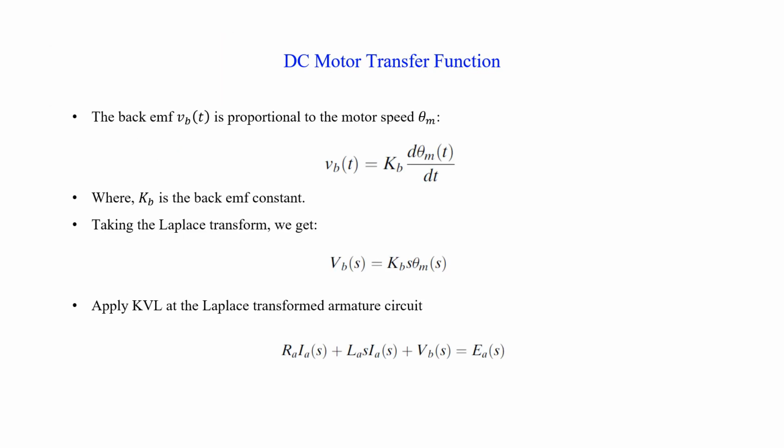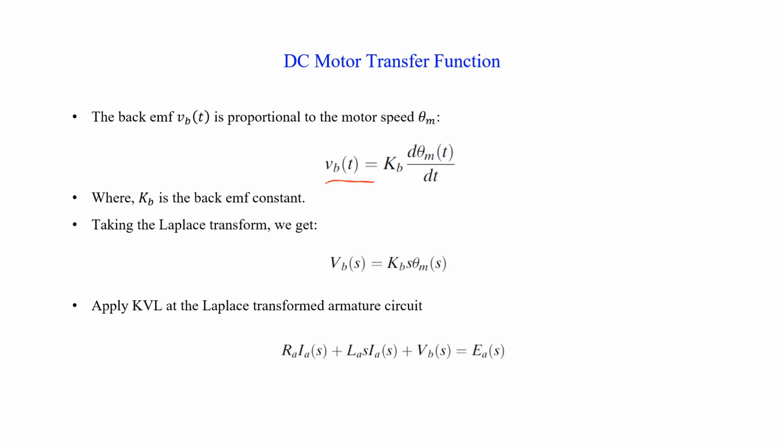To find the transfer function of the DC motor, we will first find the expression for the back EMF. Since the current carrying conductor is rotating in the magnetic field, its voltage will be proportional to the speed of the rotation.